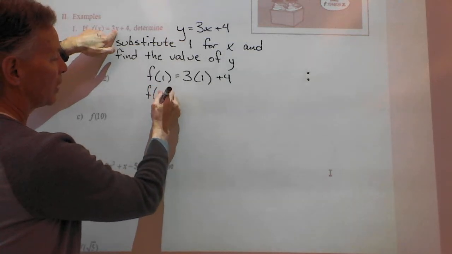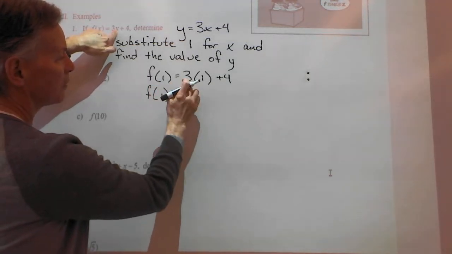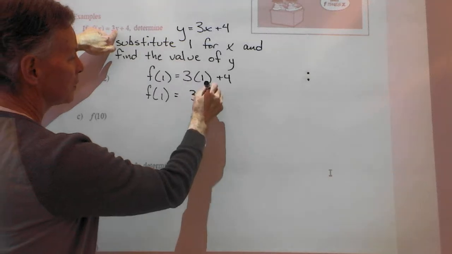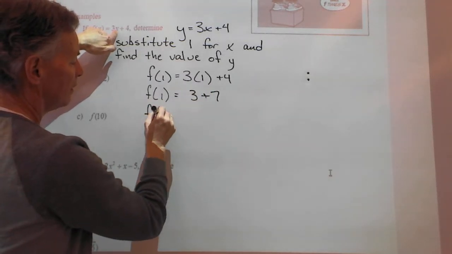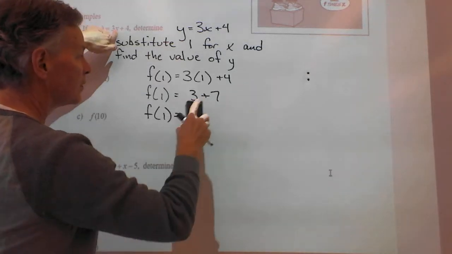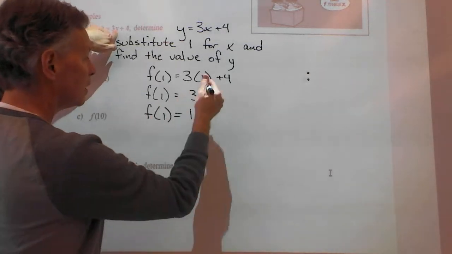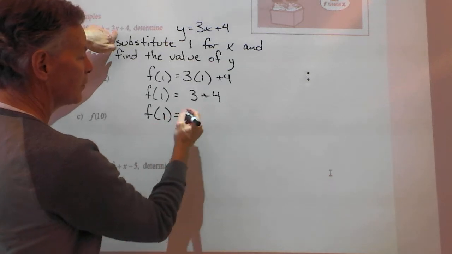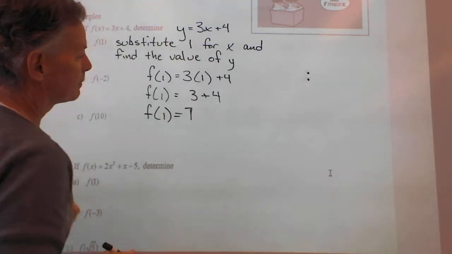So then it's just a matter of simplifying. F at 1 equals 3 times 1 is 3 plus 4. F at 1 equals 3 plus 4. F at 1 equals 7.